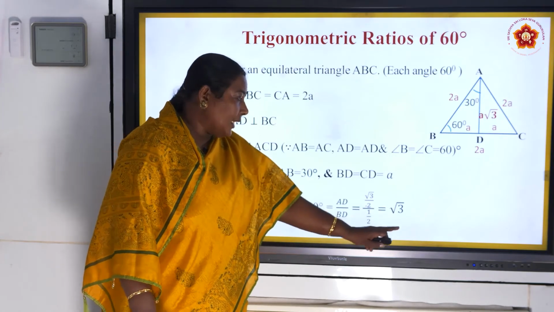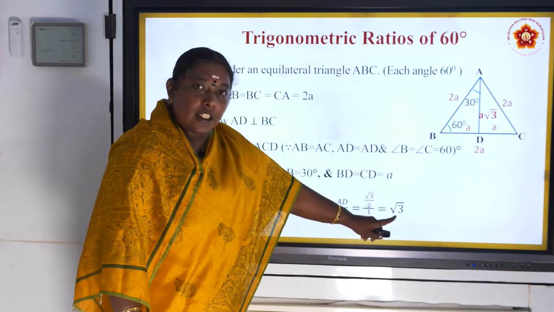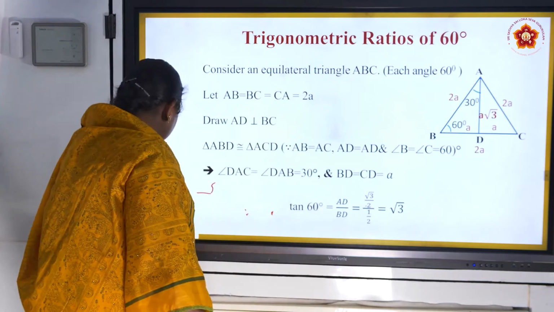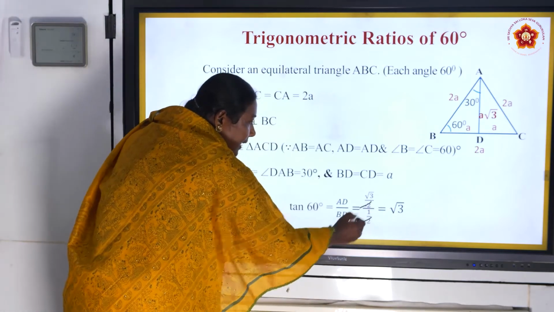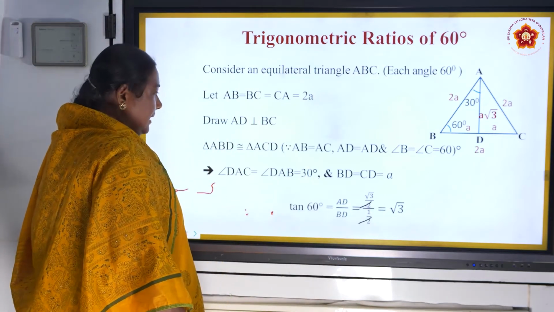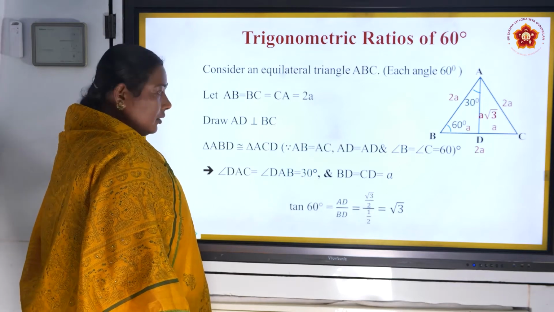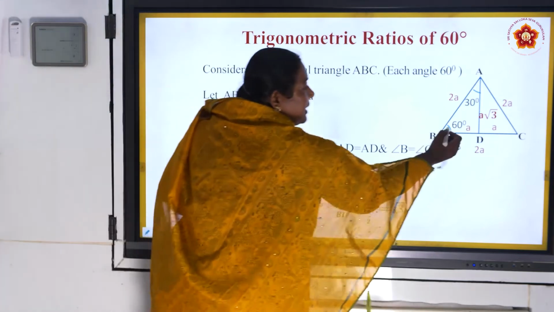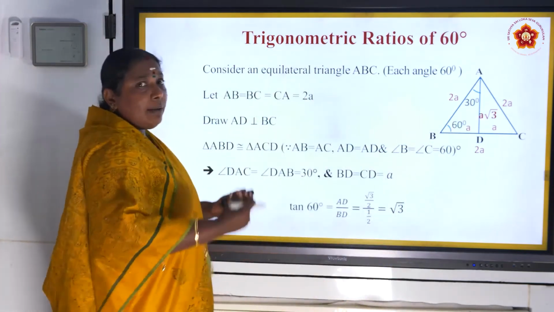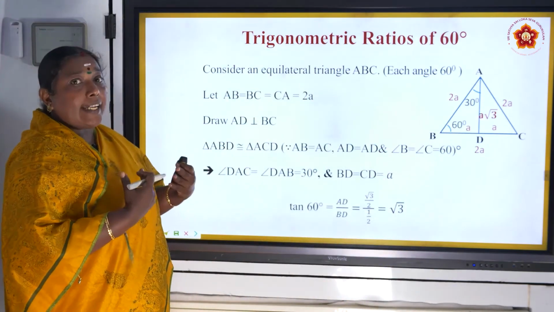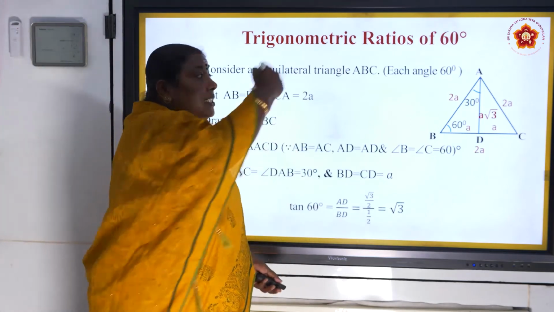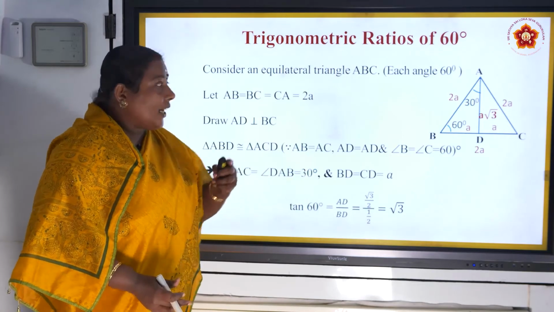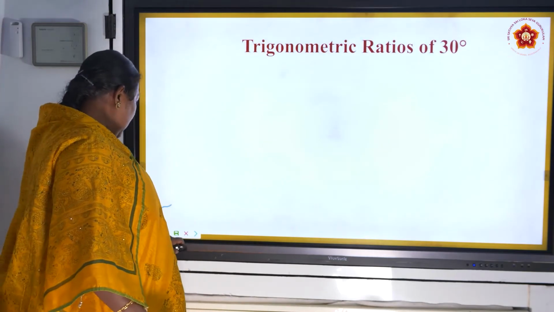The 2 gets cancelled. So I'll get the answer as root 3. Okay, so let us move on. In this triangle itself, I have 60 and 30. So if I am standing at angle B, I can talk about 60. If I am standing at A, I can talk about the 30. Is it right? That is what we are going to do next.